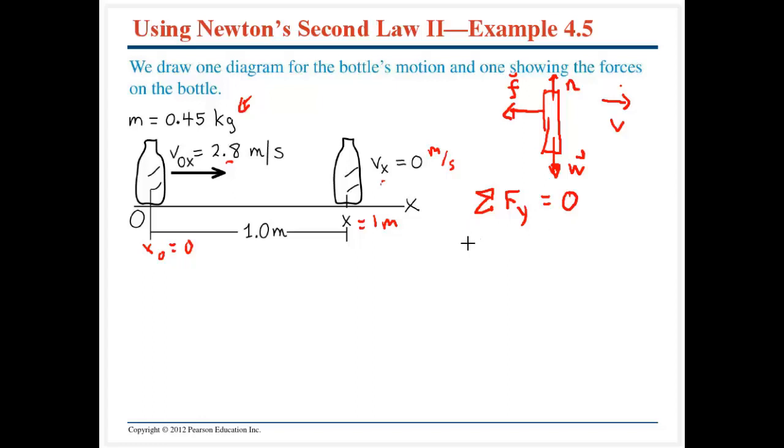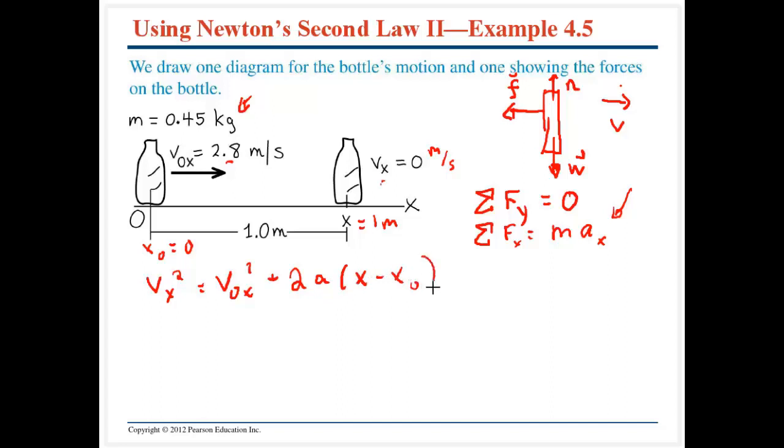Now, in the x direction, we're also going to say the sum of the forces is equal to the mass times the acceleration. We can use kinematics to first solve for the acceleration by saying that the velocity in x squared is equal to v naught x squared plus 2 times the acceleration times (x minus x naught).